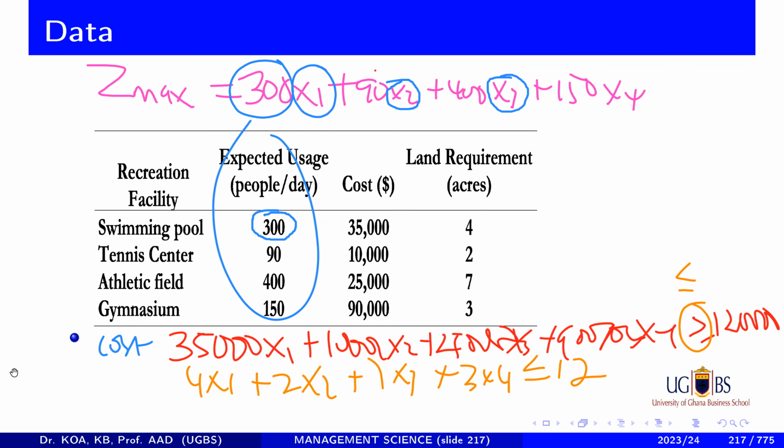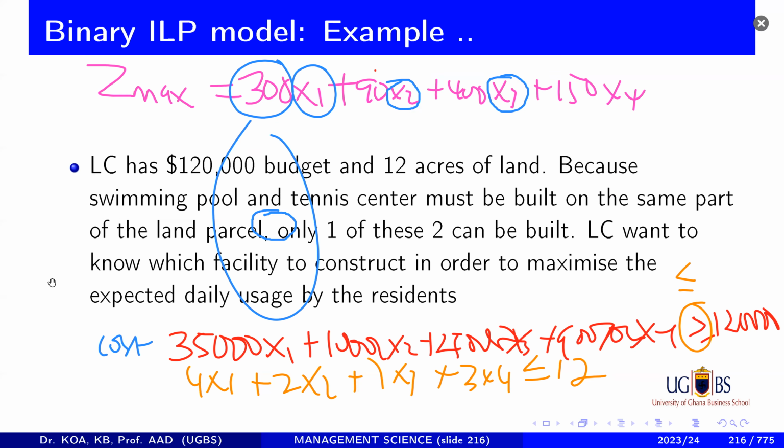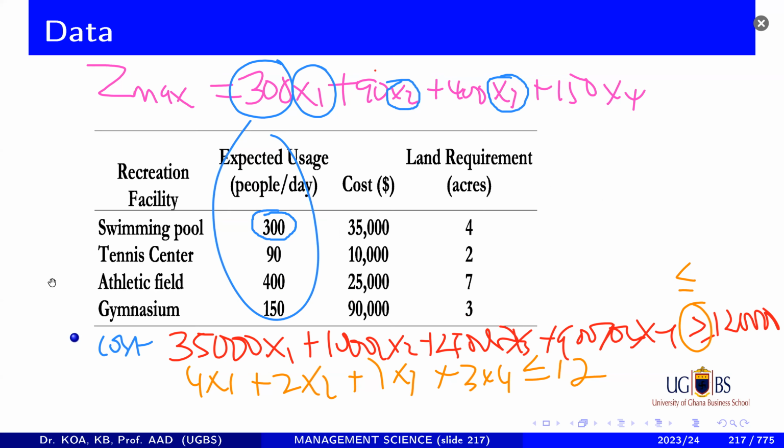I'm taking my 12 because I wrote 12. You are right, because the 12 was available. All right, so now we're done with these two.